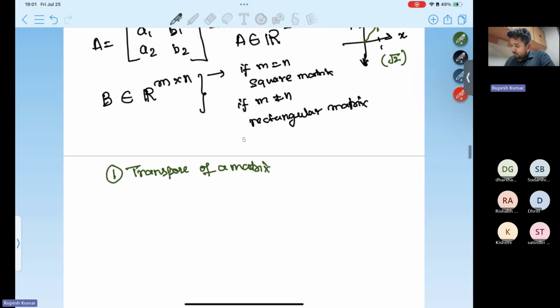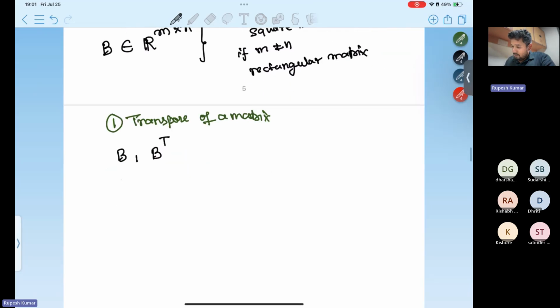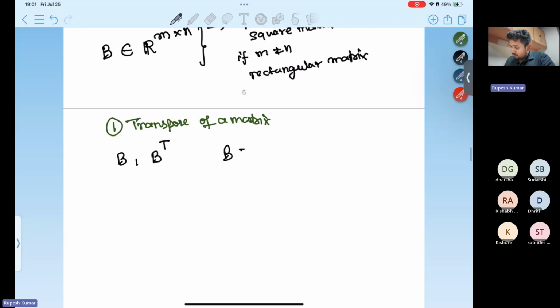So let's say you have matrix B and you want to find the transpose of matrix B. It is represented by B subscript T, B transpose. So basically, what is B transpose? Let's say the matrix B contains the elements B11, B12, dot dot dot, B1n, with m rows and n columns, right? And then Bm1 up to Bmn.